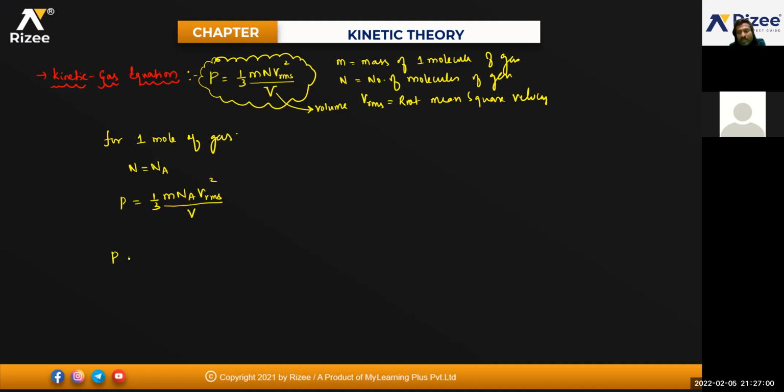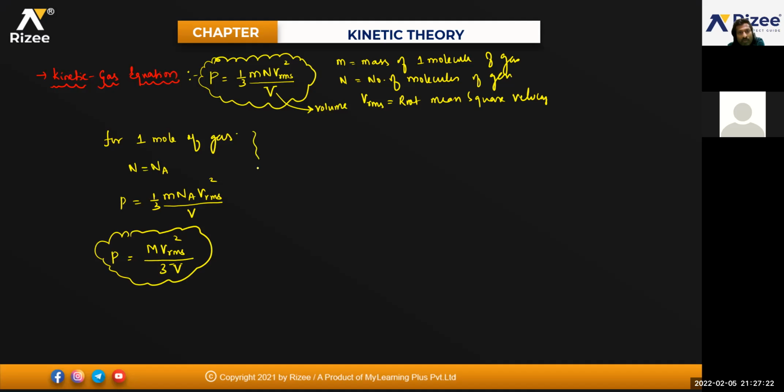So M is the total mass of the gas, and P equals M Vrms square divided by 3V. Small m into Avogadro number gives the total number of molecules.